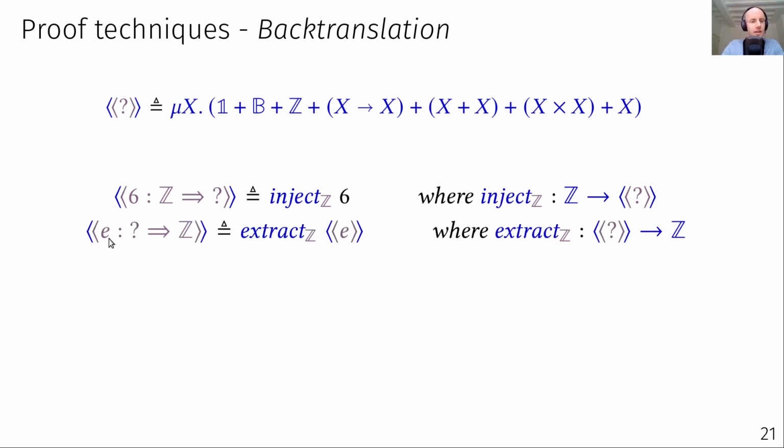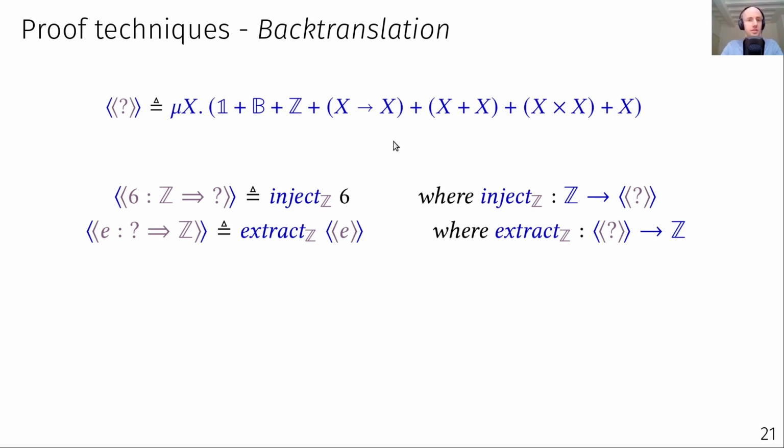If we then have another example, some E that we downcast from the unknown to Z, we will backtranslate E itself and then apply it to the function called extract Z. Extract Z will take something of this unknown type, of this universal type, and give us back an integer.